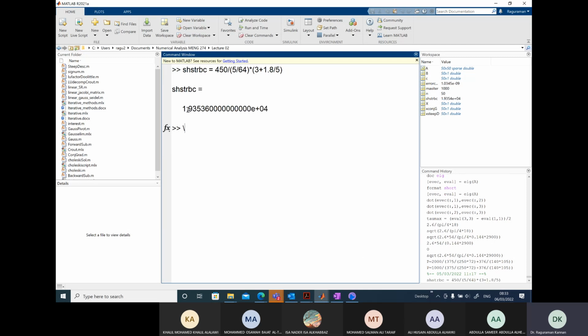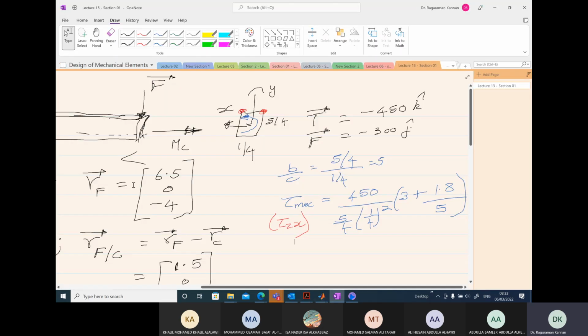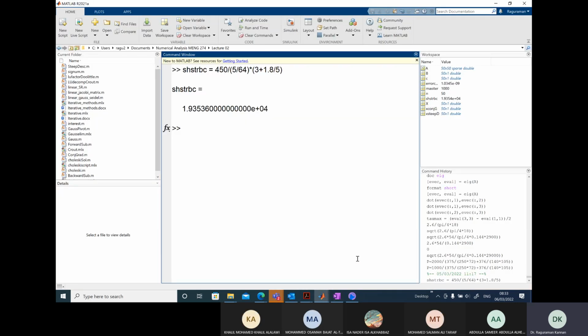So we get in pounds per square inch, or if we use kpsi, it will become 19.354. Okay, so this is the result we get, tau max value or tau zx value.